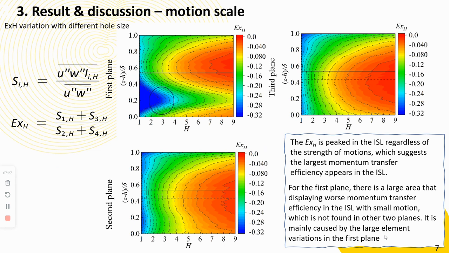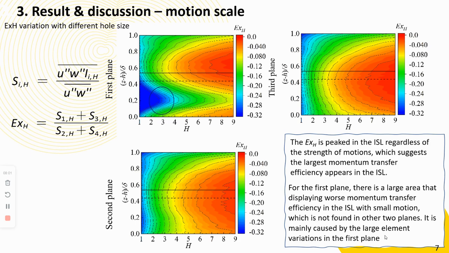First, we get the ratio of each quadrant event, and then calculate the exuberance by S1 plus S3 over S2 plus S4. So it means when the EXH is close to zero, the momentum transport efficiency is larger.